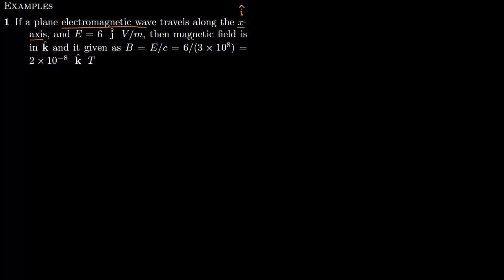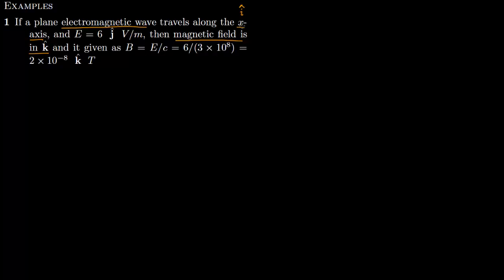Now what should be the magnetic field? The magnetic field is in k hat, which means along the z-axis. There is no other option for the magnetic field. It has to be perpendicular to the electric field. The electric field is along the y-axis, so the magnetic field could be either along the x-axis or the z-axis.